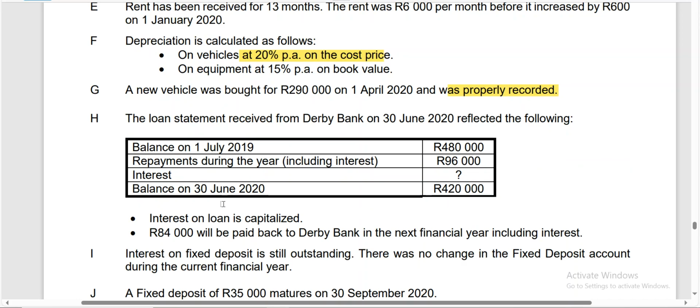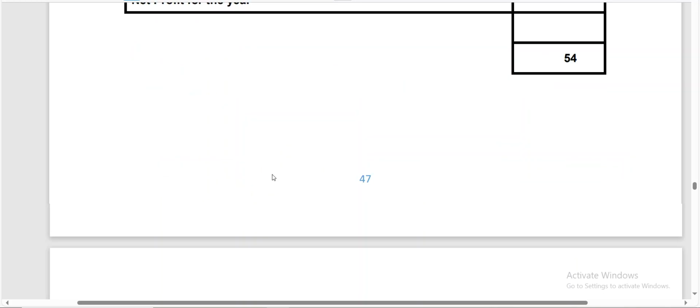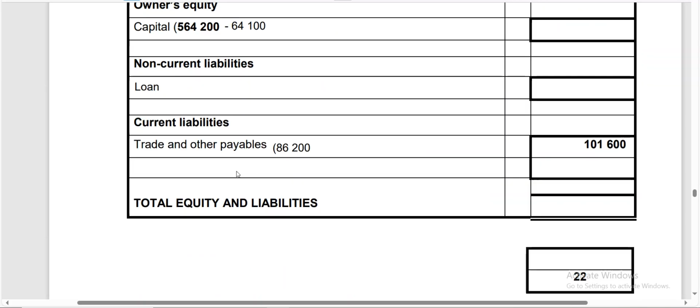So now, next, they told us that 84,000 will be paid in the next financial year, meaning that in the next 12 months. So what we must do, we must make sure that we separate our loan. So we need to have short-term loan and long-term loan. Remember, the one that would be paid in the next 12 months must be taken out of the long-term loan. So in our balance sheet, on our loan, we are going to say 420,000 minus 84,000, and it is going to give us the answer that will remain.